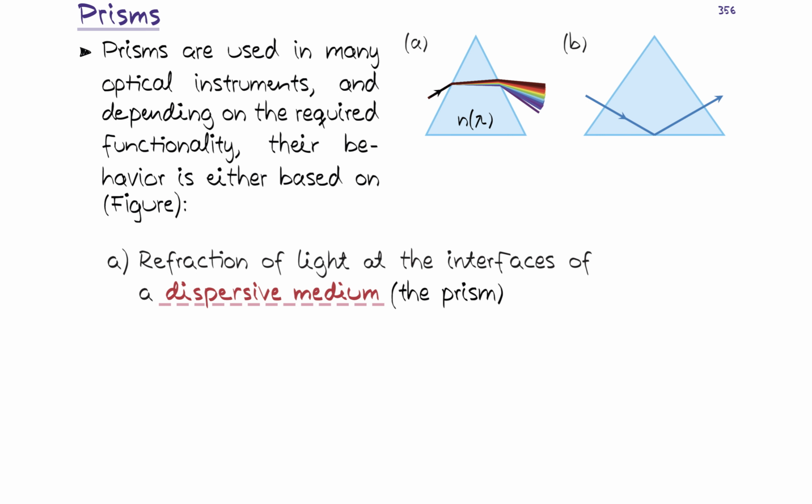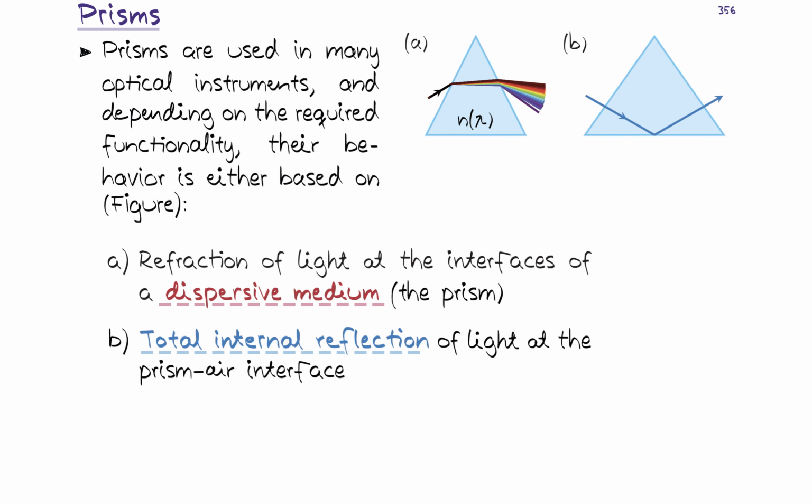A second possibility is to use them by utilizing total internal reflection. Let me repeat: total internal reflection. Hopefully you remember it by my fooling around with these two different conventions.